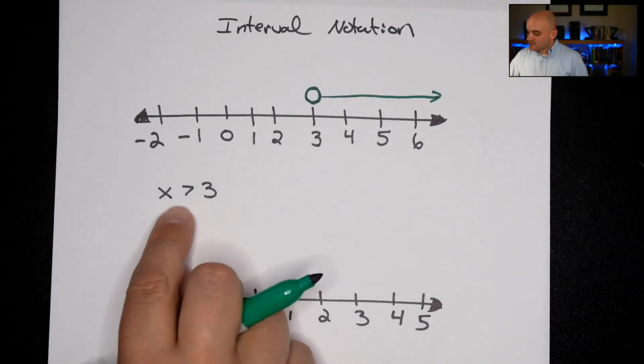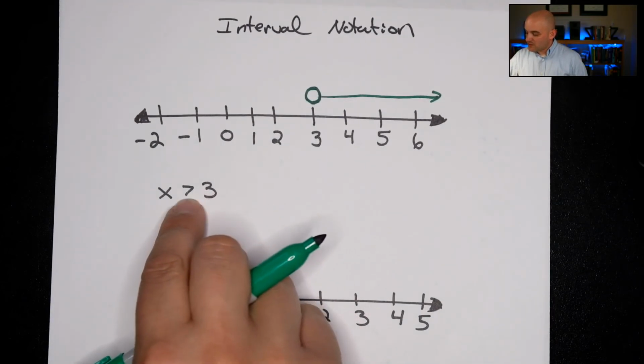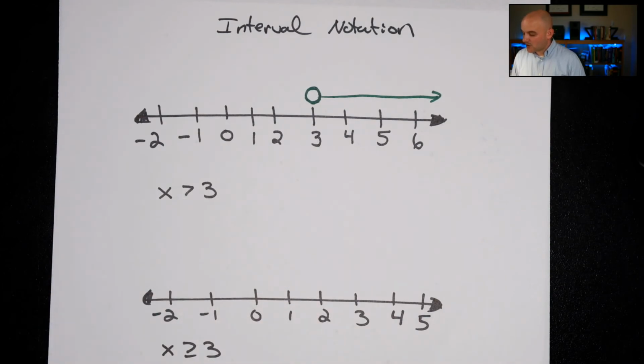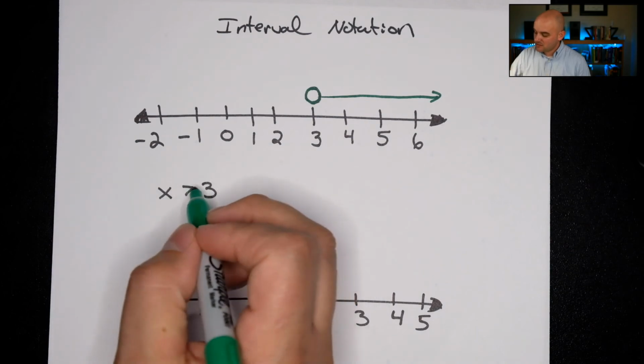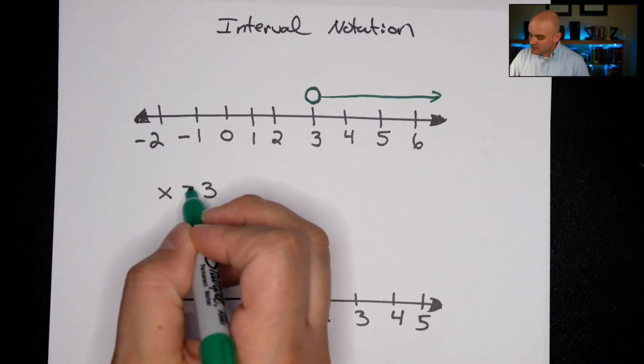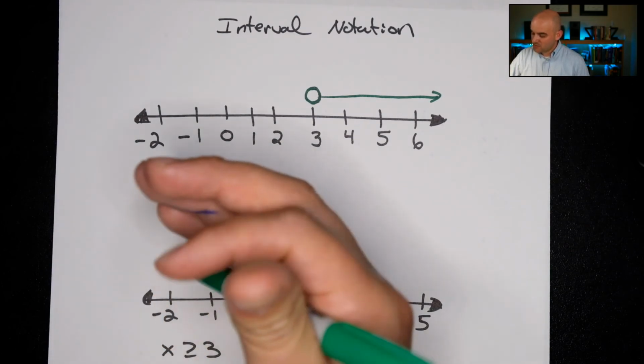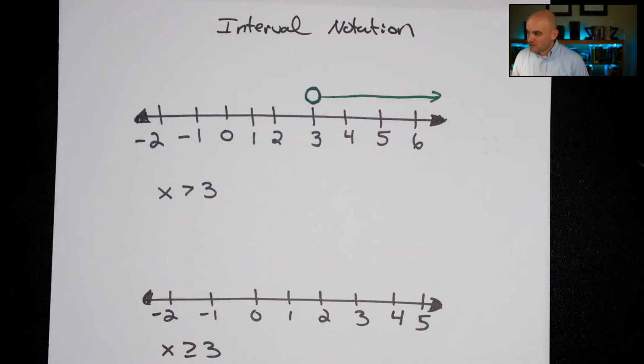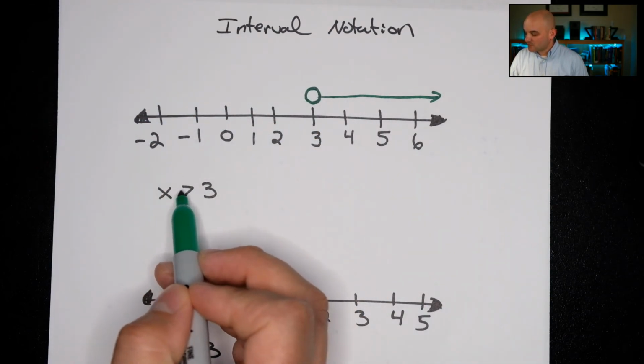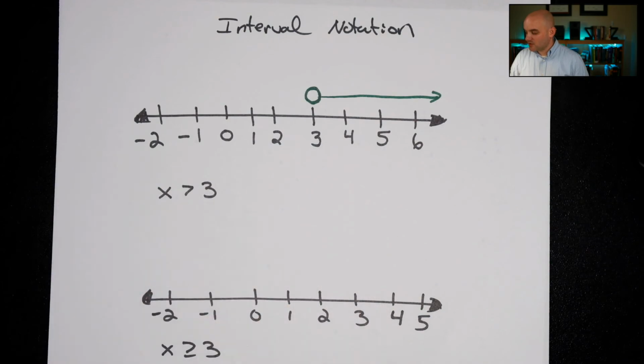Our way of saying it's bigger than 3 but not equal to is to not put a bar underneath it. I call this alligator notation because when I was in grade school, we learned that the alligator eats the bigger numbers. So x is bigger than 3 because the alligator is eating the x.